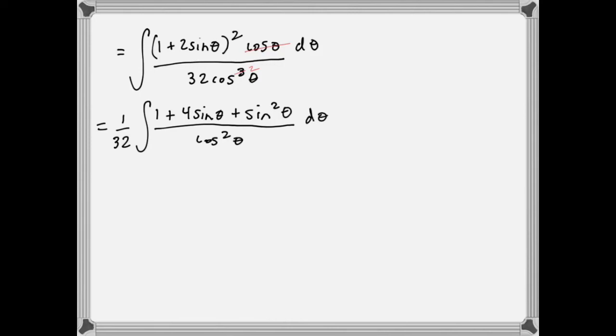And then I have d theta. This is a tricky integral, okay? It's tricky, but it's really not as bad as it seems if you look at it piece by piece. If you try to do this integral in one step, then you're going to have trouble, okay? Now, watch what I'm going to do. I'm going to write it like this.